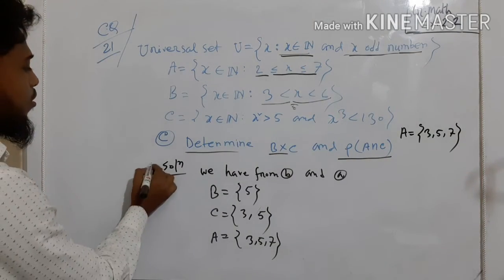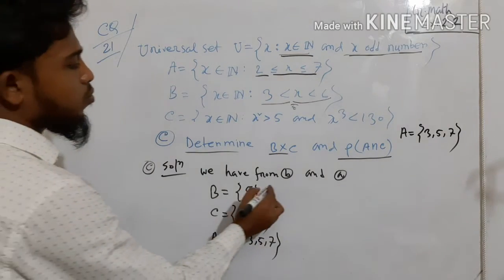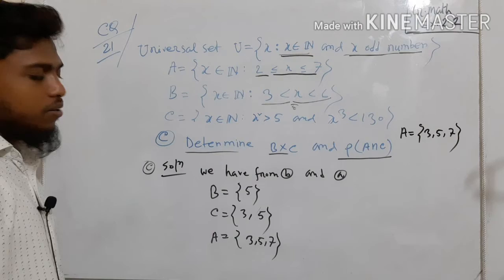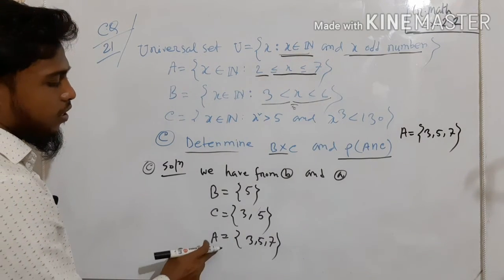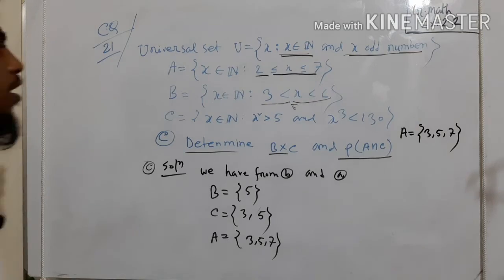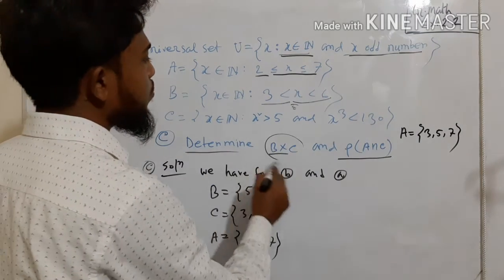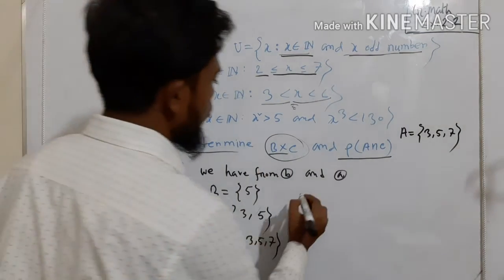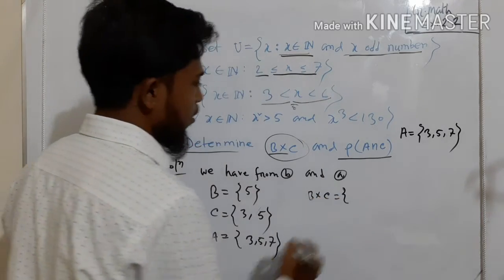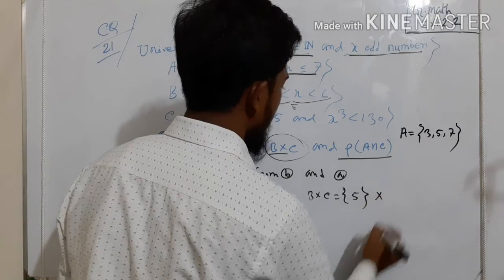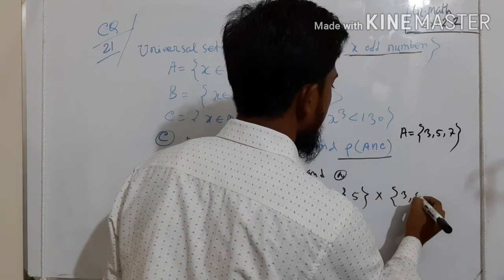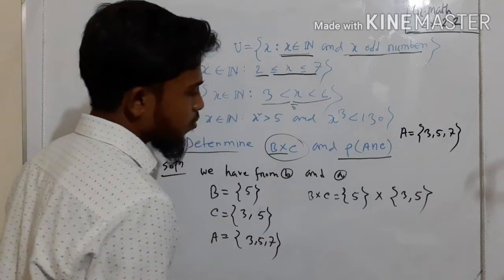Solution number 3, we have from B and A, B equal to {5} and C equal to {3, 5} and A equal to {3, 5, 7}. Now first of all I will find the value of B cross C. Now look, B cross C equal to here {5} cross C, that means {3, 5}. This is Cartesian product.